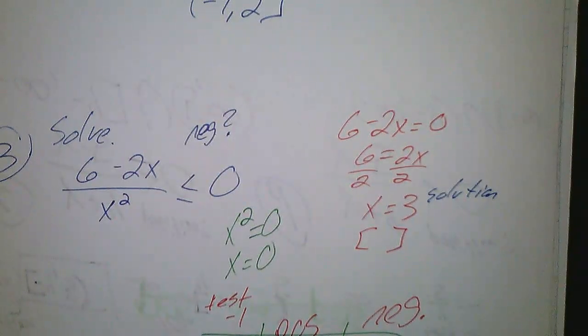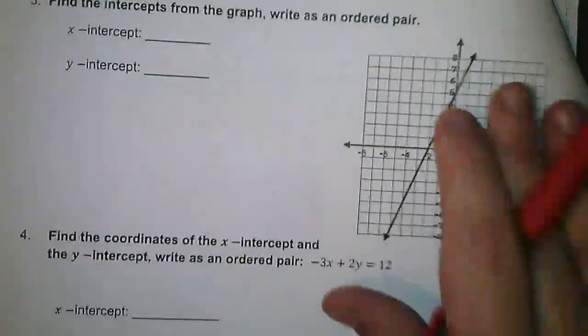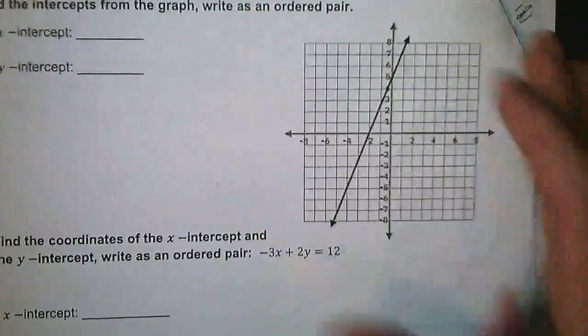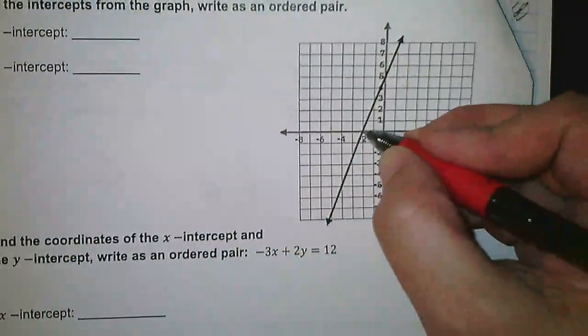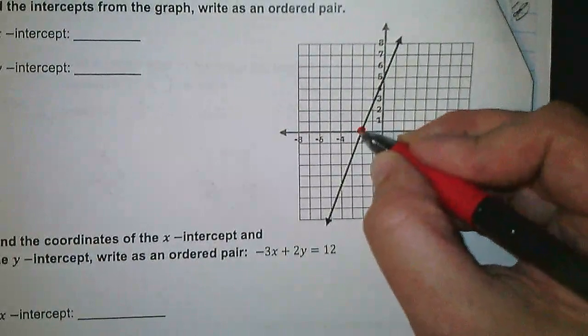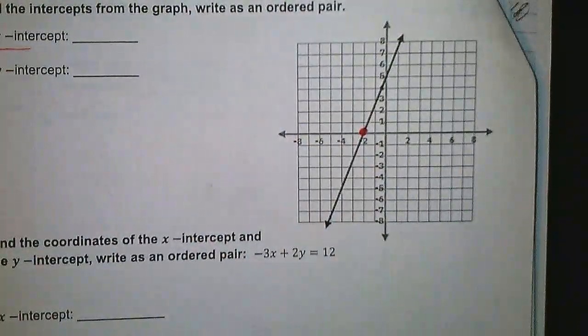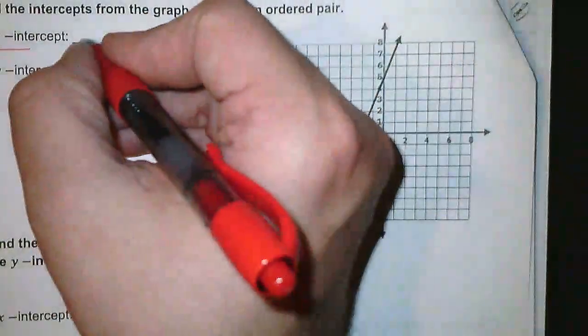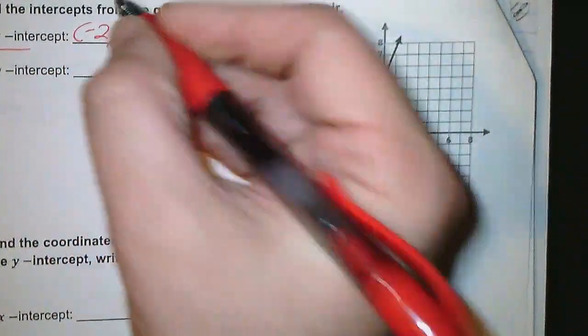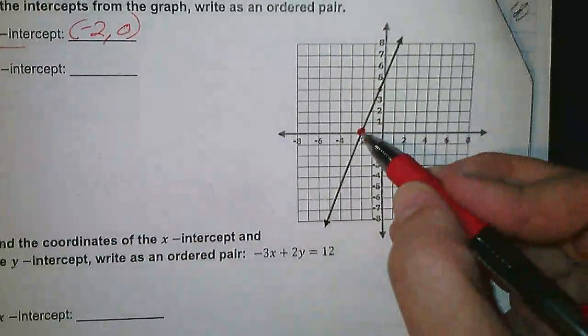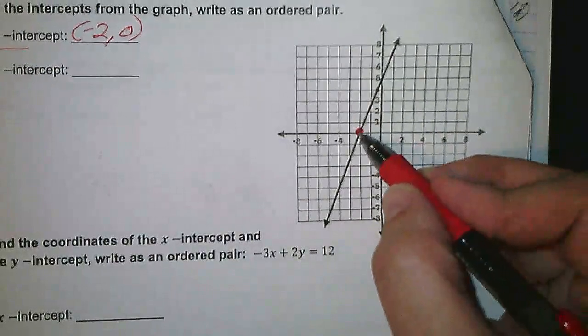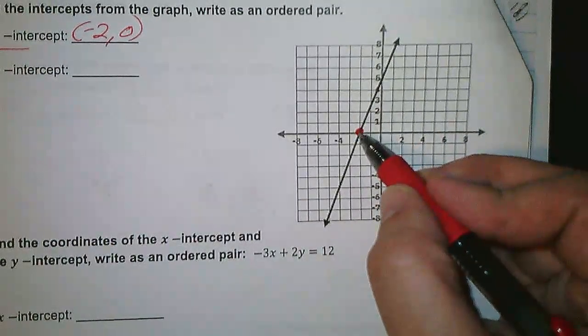So let's move on. Here's number 3. Again, if we are on the x-axis, we have an x-intercept. So we are at negative 2, 0. If I'm on the x-axis, we moved, in this case, 2 units to the left, so negative 2.